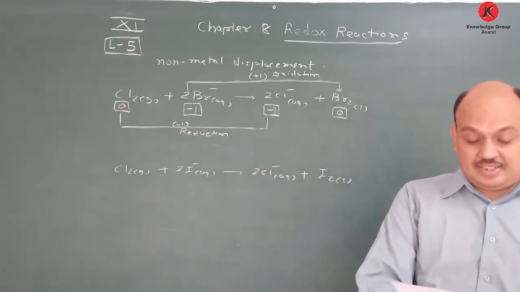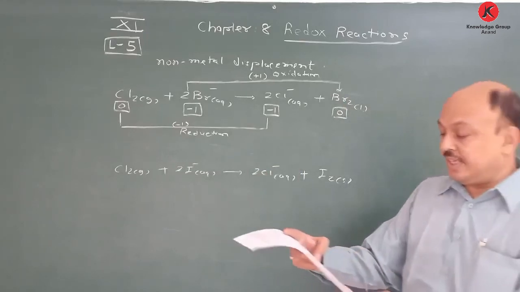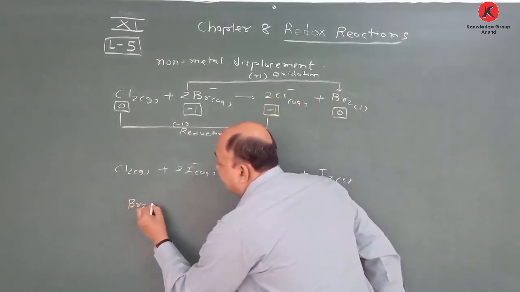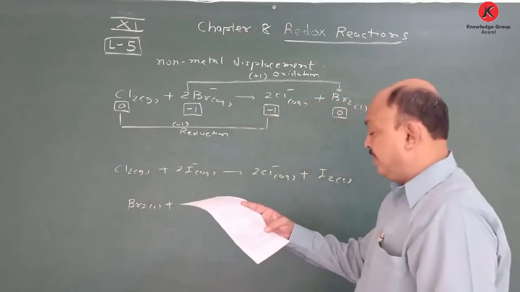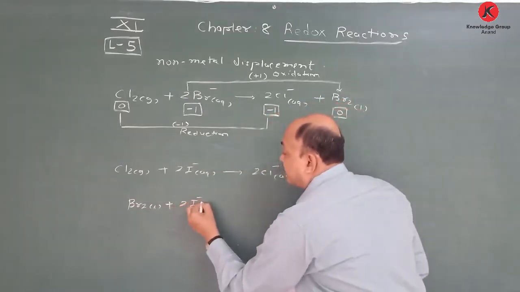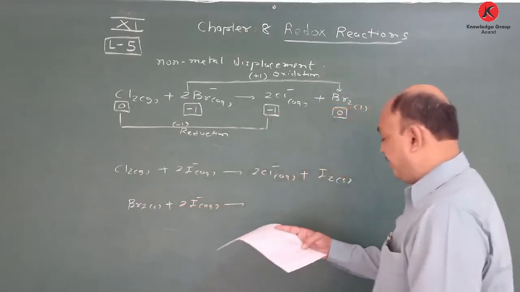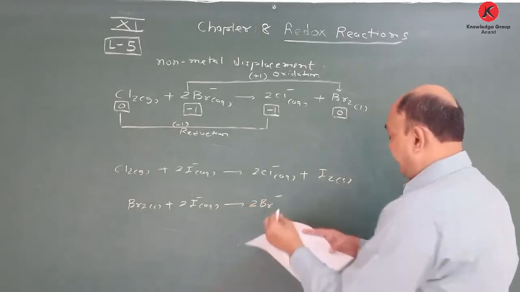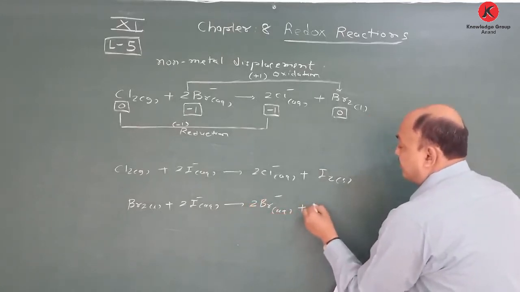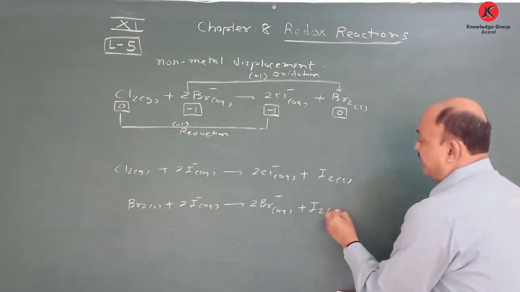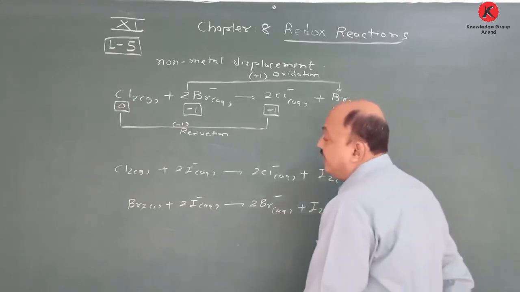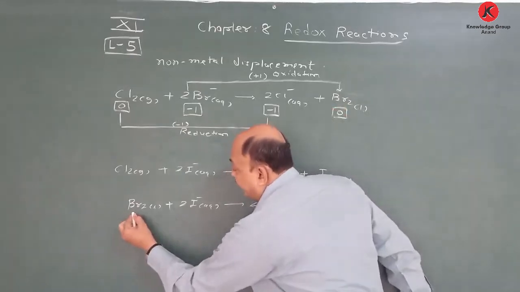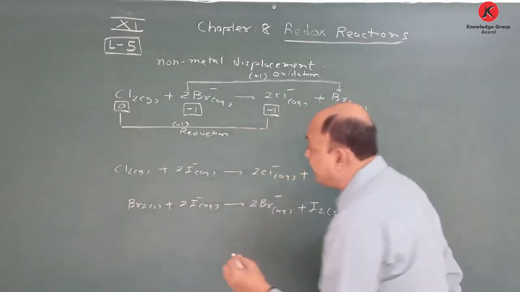Now the next example given in your textbook is Br2 liquid plus 2I minus aqueous. It gives 2Br minus aqueous plus I2 in solid form. Let's see once again; first of all, write down the oxidation numbers.